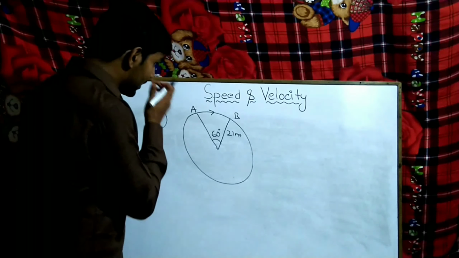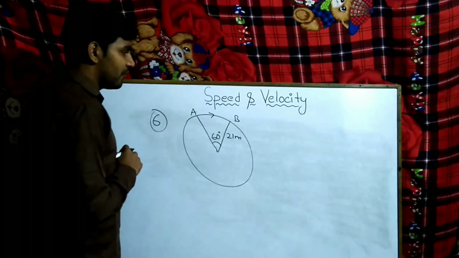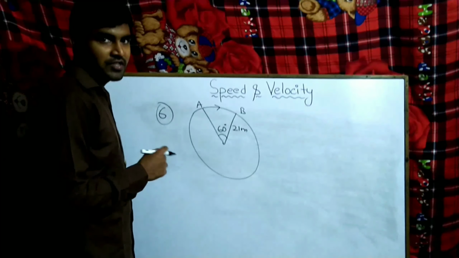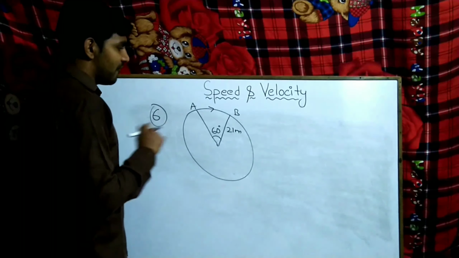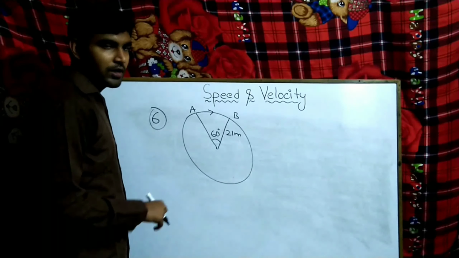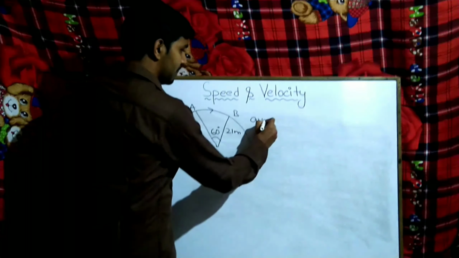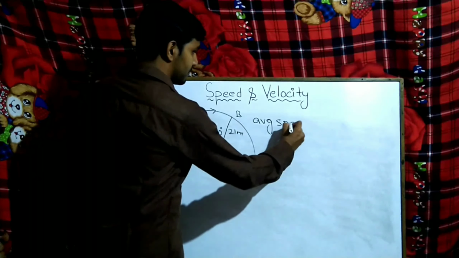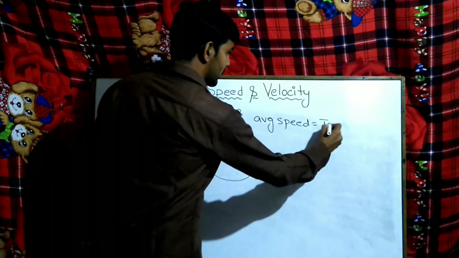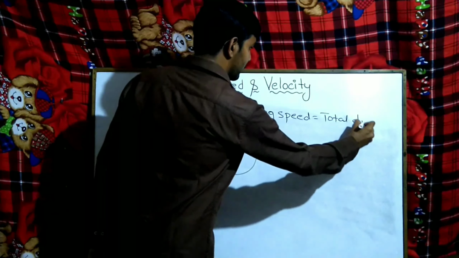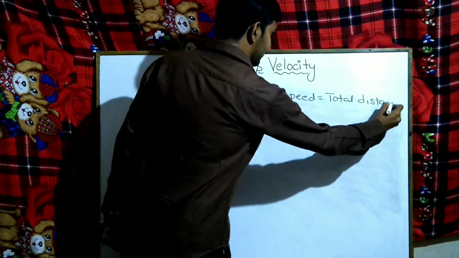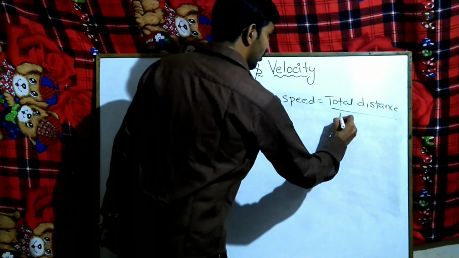Now we have to find the average velocity and average speed. See, average speed means total distance by total time. So average speed is equal to total distance by total time.